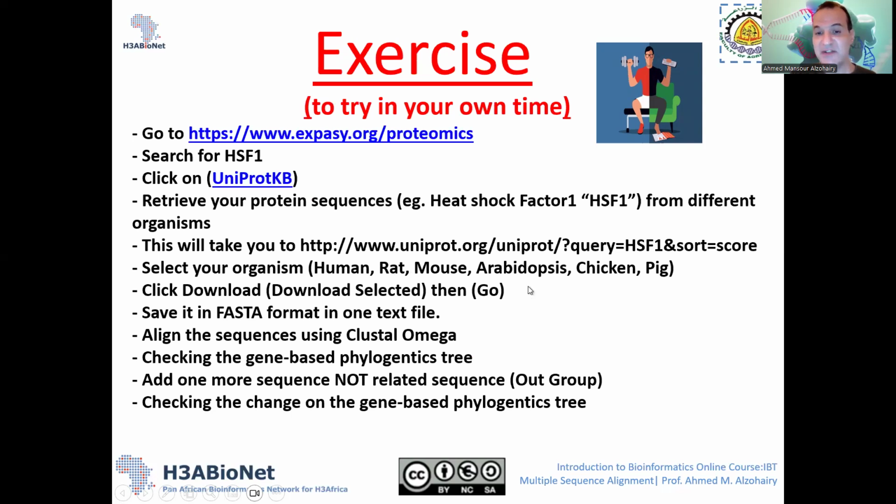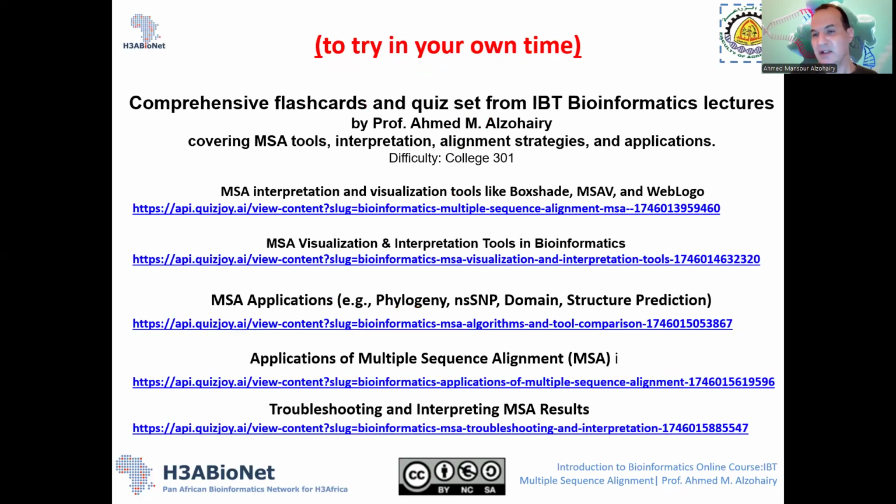So they are different species, but you have, for example, heat shock factor 1 from these different species in FASTA format, and use these sequences to build a multiple sequence alignment. And of course, you would like to know where the important positions are within these sequences, and you can identify them simply by multiple sequence alignment: what the conserved domains and conserved positions within these sequences are.